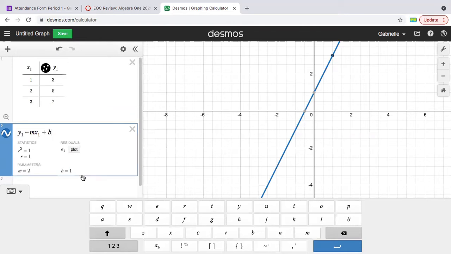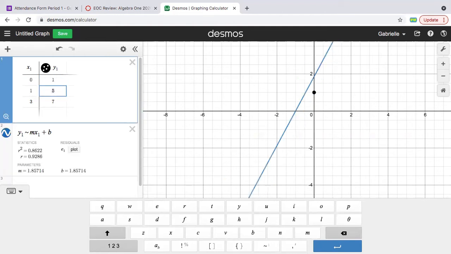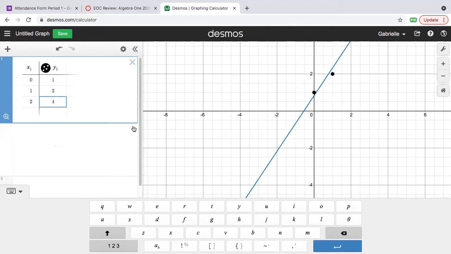Let's say this was an exponential function instead. You have to remember what type of function it is. I'm mentally just trying to figure it out as I go here. Let's say I wanted to do an exponential function.